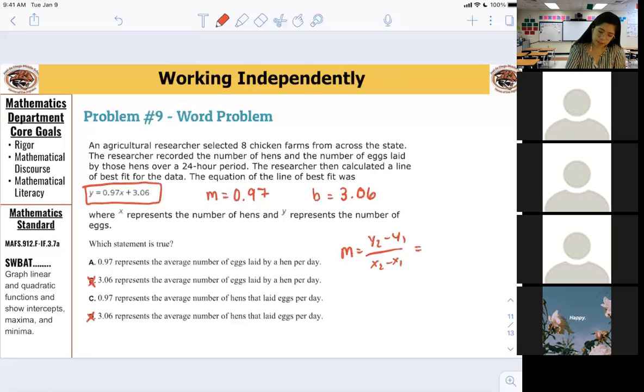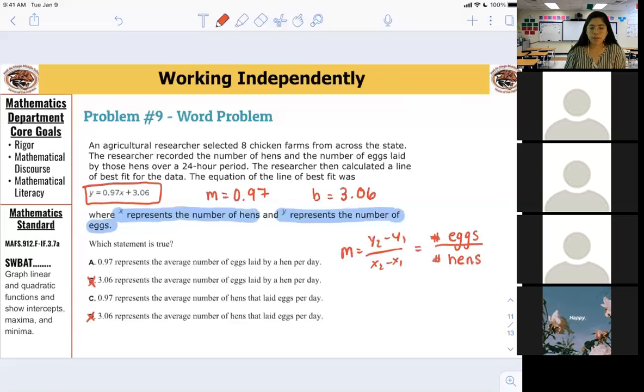Well, here they're telling us what x and y represent. X is the number of hens and y is the number of eggs, right? So if I think about it, this would be the number of eggs divided by the number of hens, chickens.